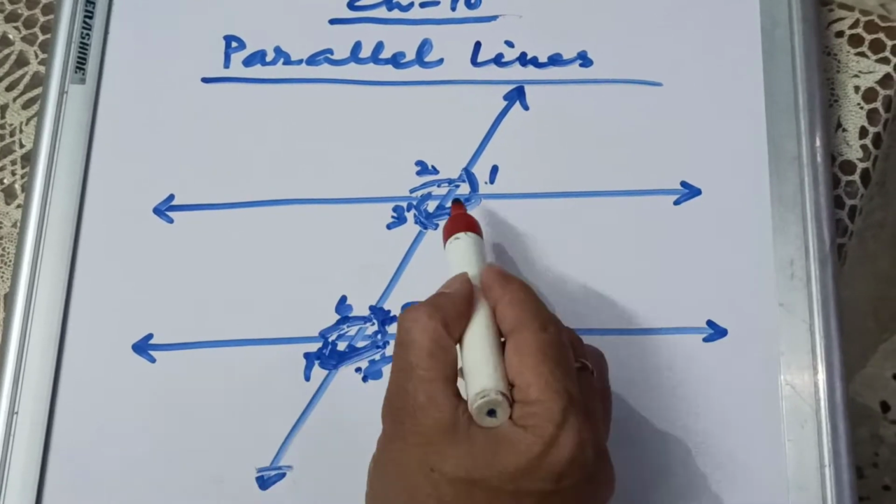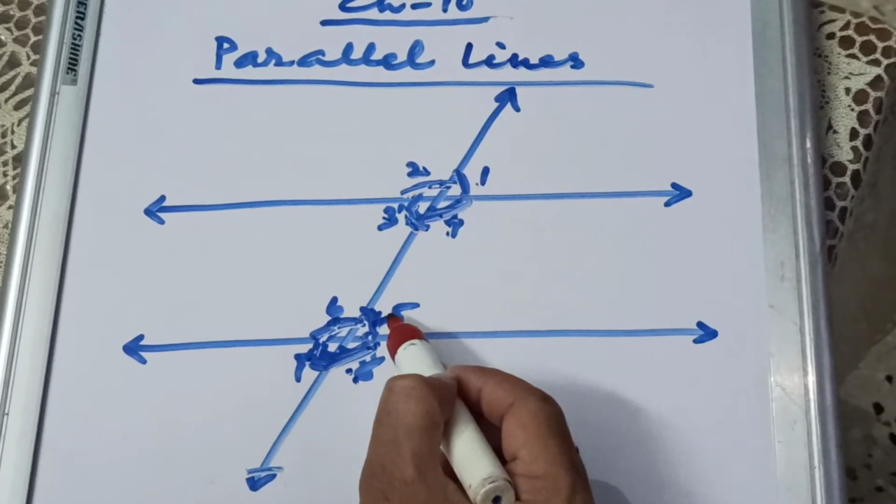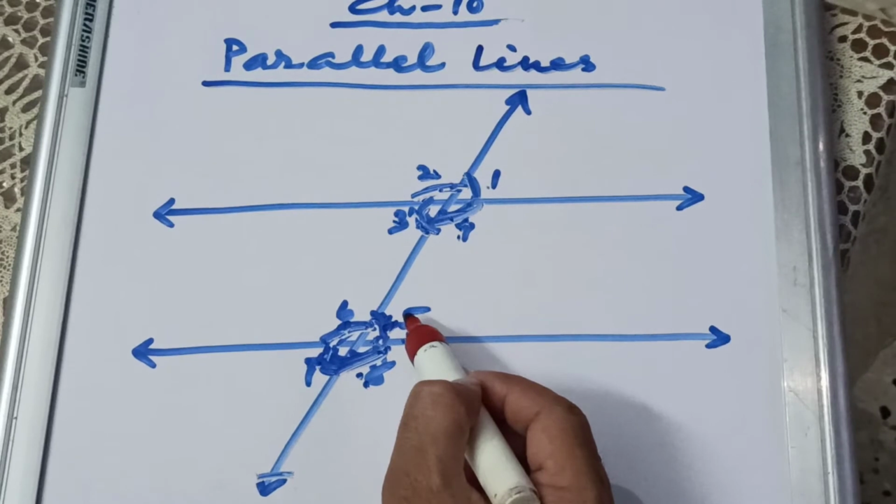It means the sum of angle 4 and 5 is 180 degree.